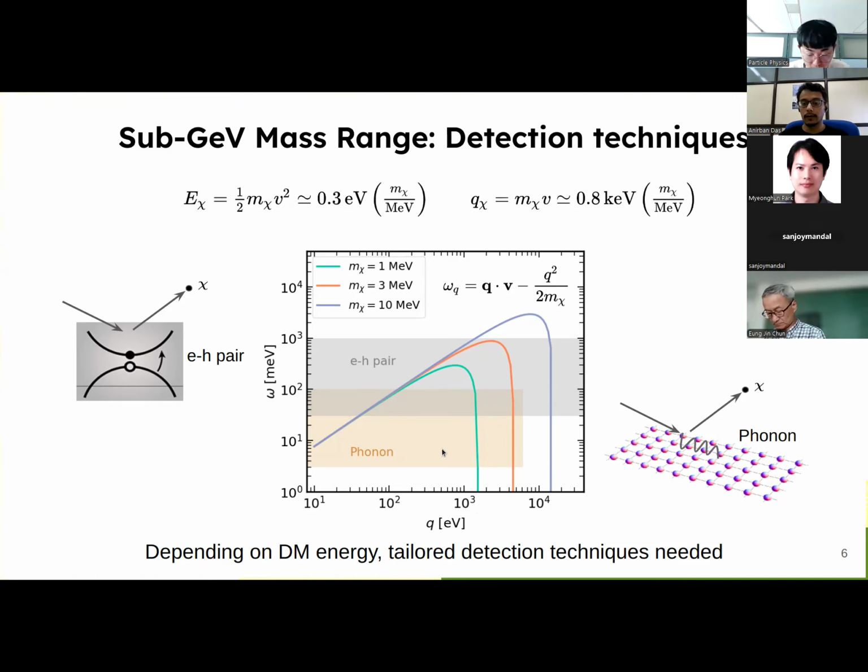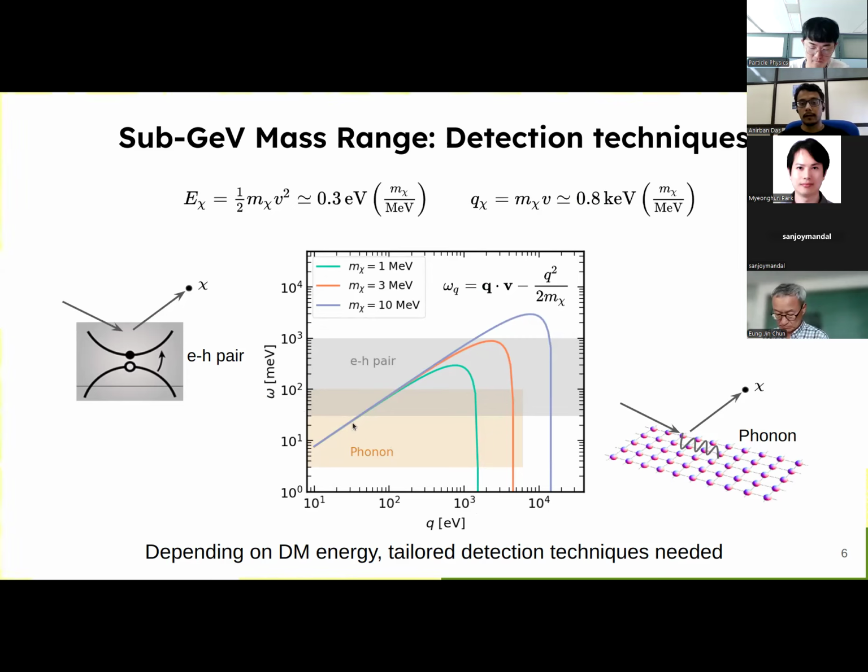If you calculate the typical phonon energy-momentum relation, what's called the dispersion relation of phonons, you'll find some region of this energy-momentum parameter space where you can excite phonons. This is just one example. It's typically within 10 to 100 millielectron volt.